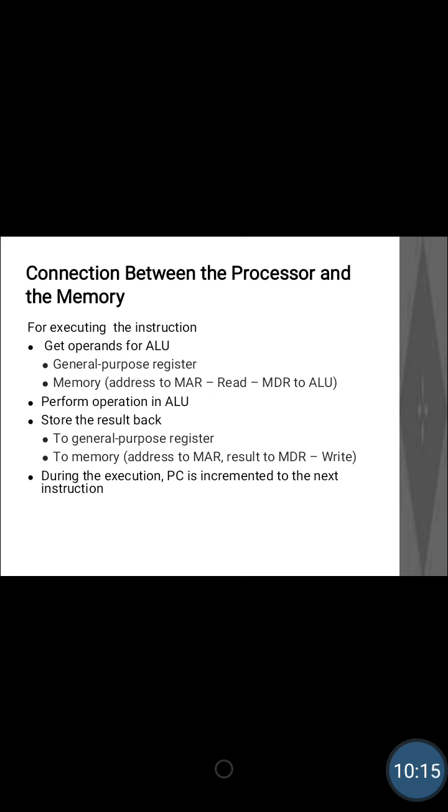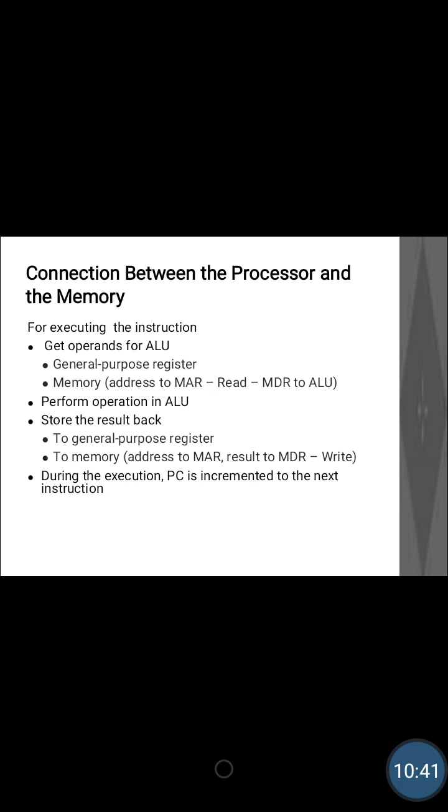Upon getting the write signal, what will memory do? It will collect the address where the data is to be stored from MAR, and it collects the data from MDR, and writes the content of MDR into the specified memory location, that is LOCA. Okay, thus the result is saved in some memory location.